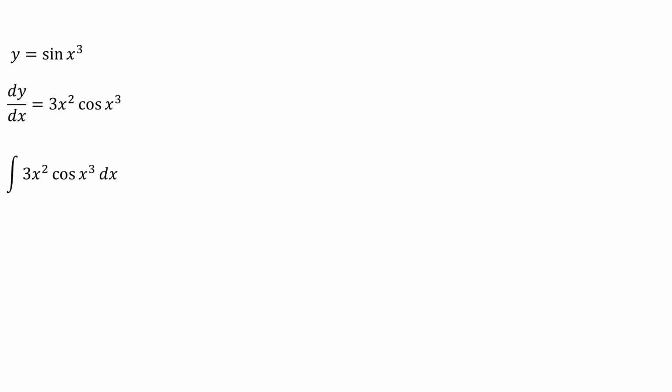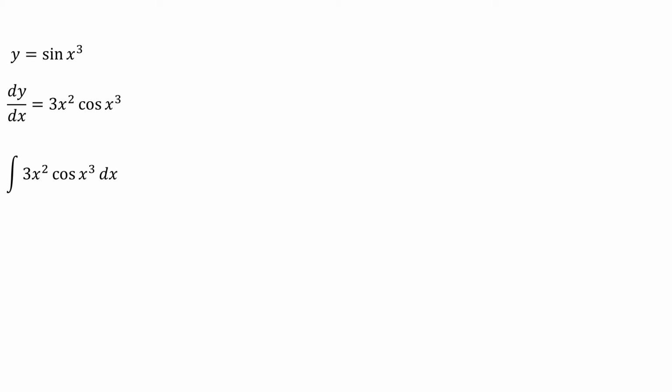So if I want to go the opposite direction, if I want to integrate instead of take the derivative, what's going on here? Well, I have to identify the main function, or the primary function, which is cosine.